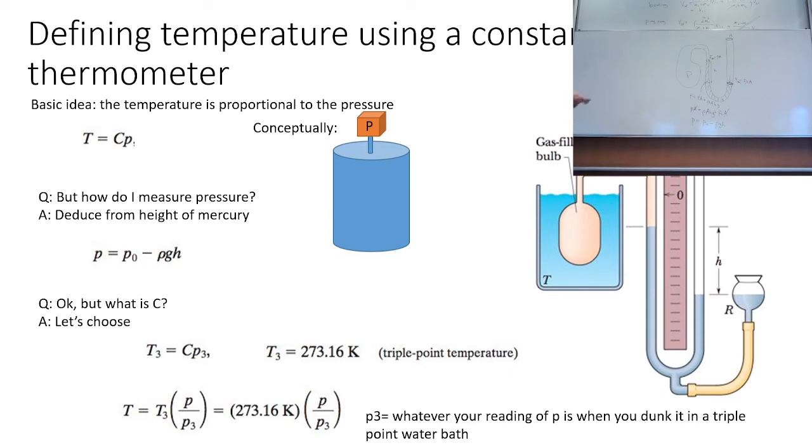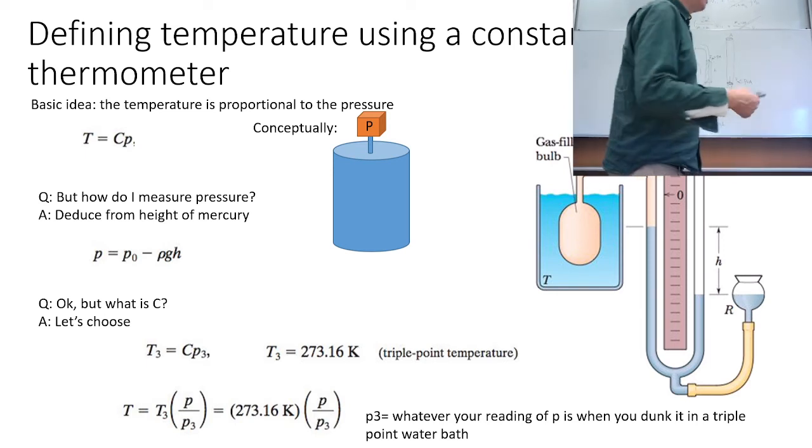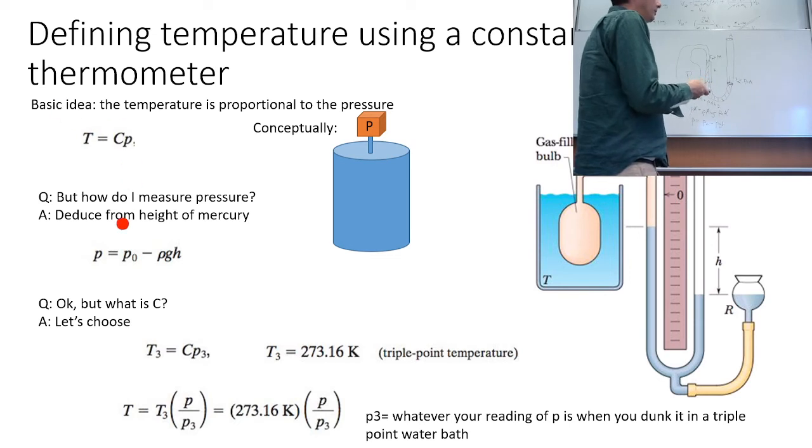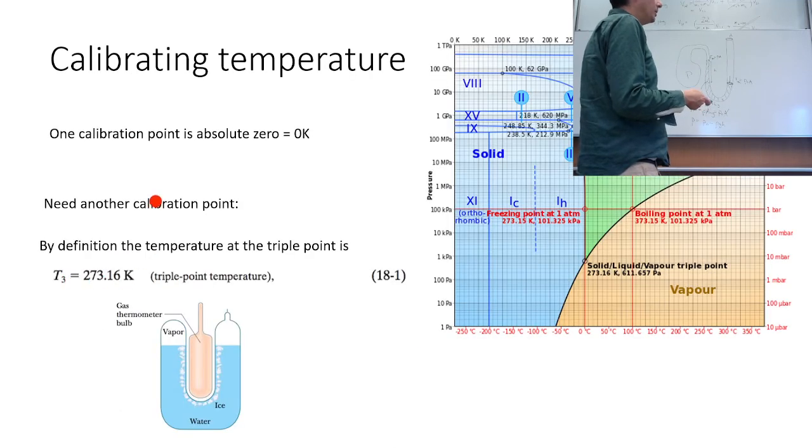And there's some proportionality constant here, C, which is basically the calibration factor, right? So whatever we measure, we get some value of the pressure here, but we need to actually know what this calibration, C, is. So this is why we need points to calibrate it.